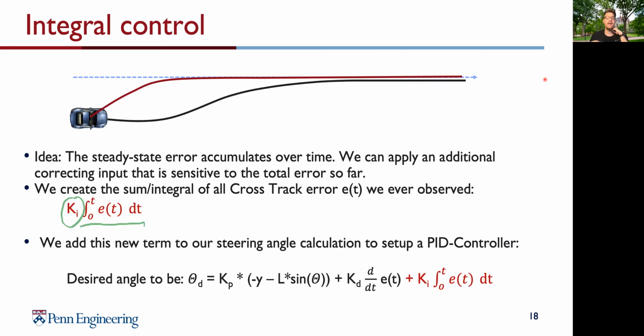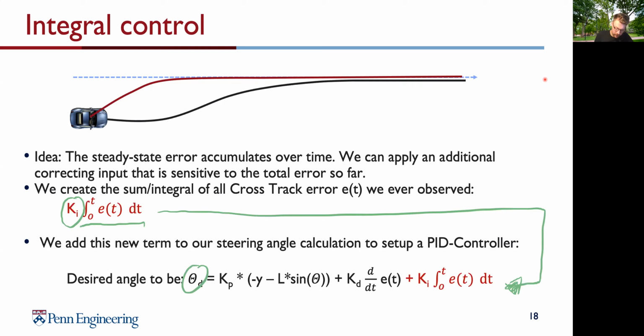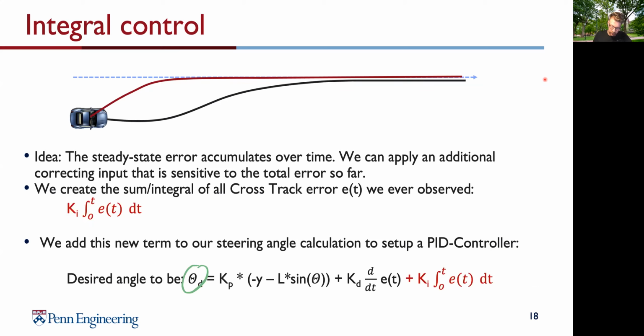And we add this term again to our mathematical calculation. And with that, we have all the parameters together to calculate a correct steering angle theta. And with this setup, we are good to go to drive more advanced.